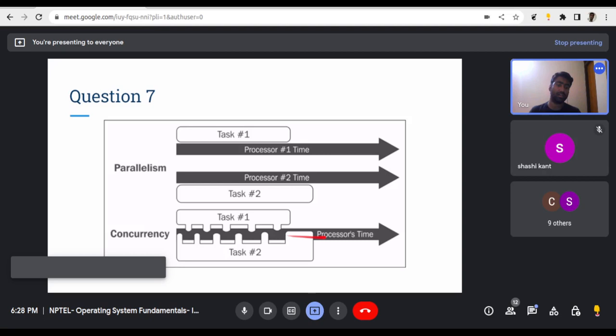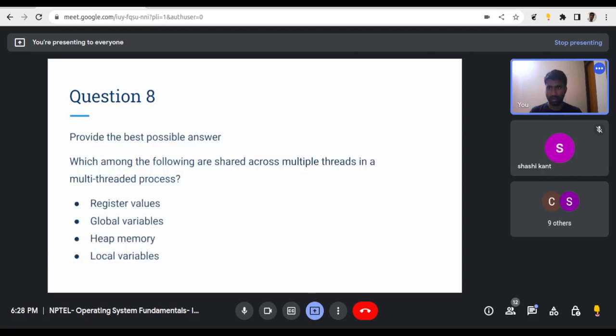Okay, so let's move on to the next question. Which among the following are shared across multiple threads in a multi-threaded process? Register values, global variables, heap memory, or local variables? Which among the following do you think is or are correct?